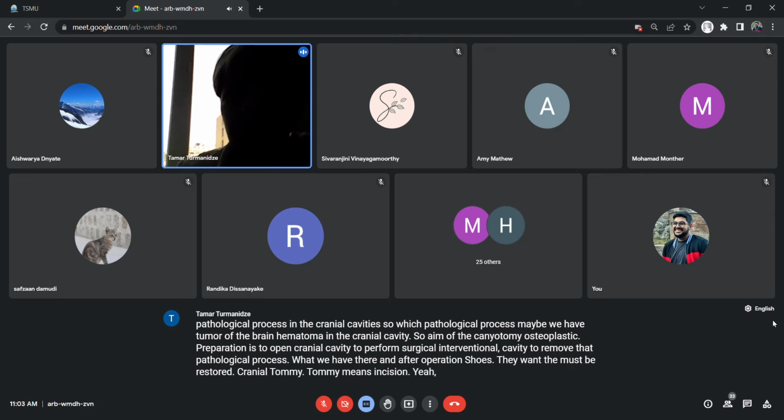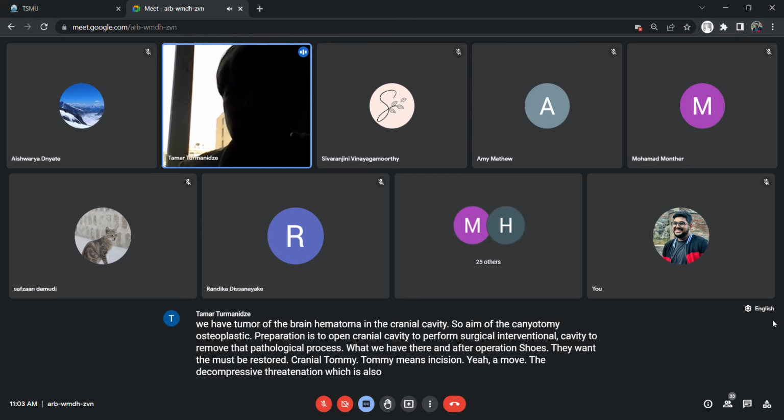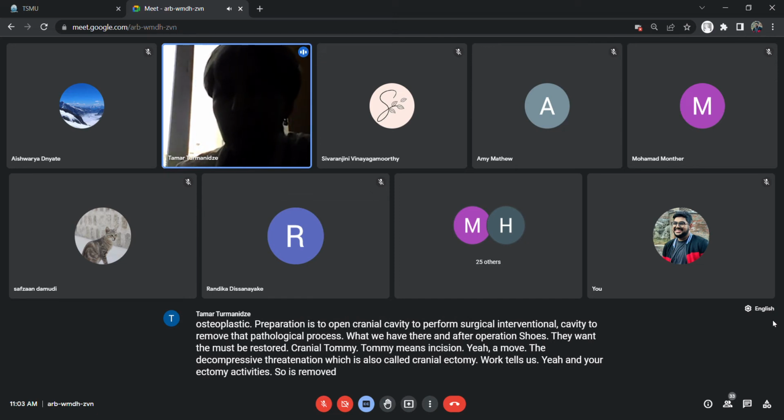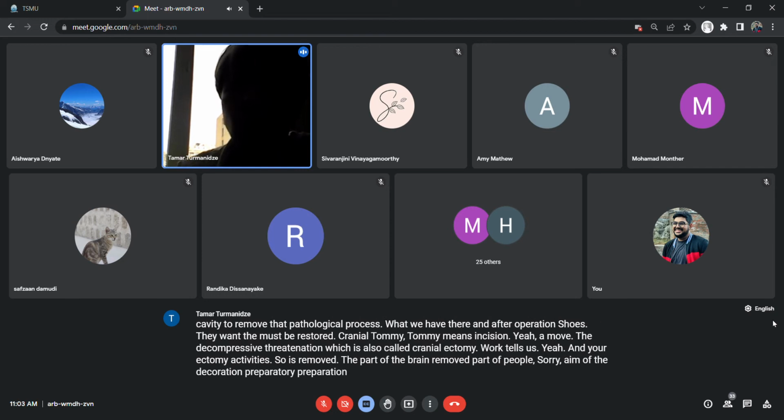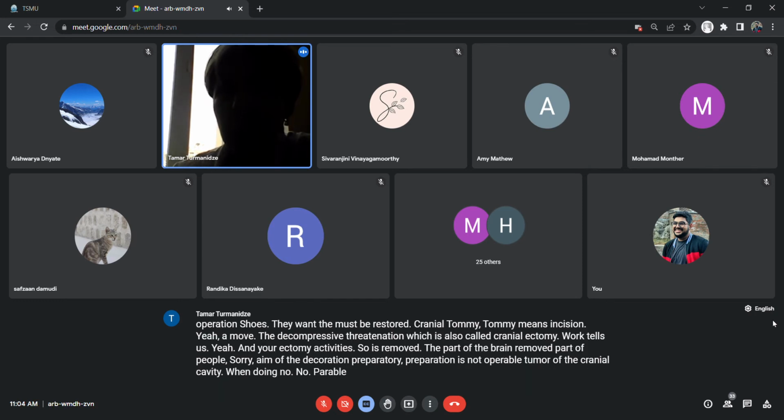Aim of the decompressive trepanation, which is also called cranioectomy, the word tells us, ectomy, so the part of the bone is removed. Aim of the decompressive trepanation is a non-operable tumor of the cranial cavity, when during a non-operable tumor the intracranial pressure is increased.